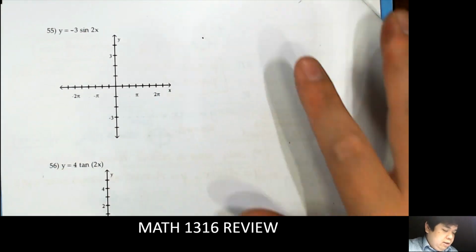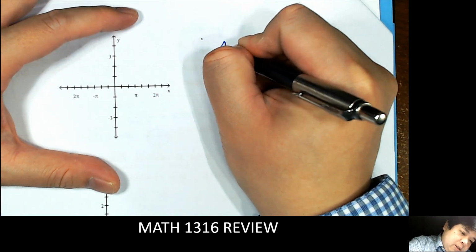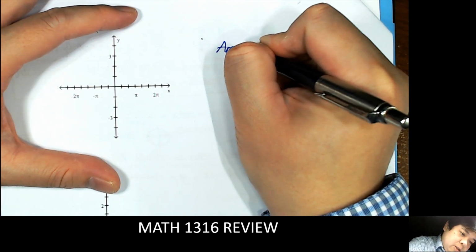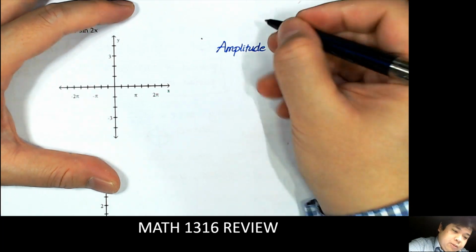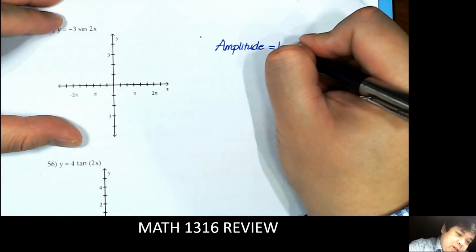Number 55. Amplitude would be the absolute value of -3.